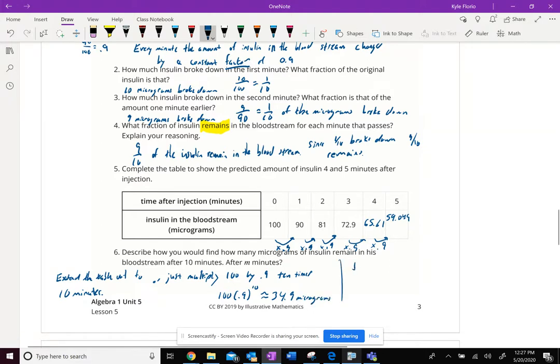If it was n minutes, after n minutes, we just take 100 and multiply it by 0.9 n times. So if it's 10 times, it's to the 10th power. If it's 20 times, to the 20th power. And if it's n times, it's to the nth power, whatever n is.